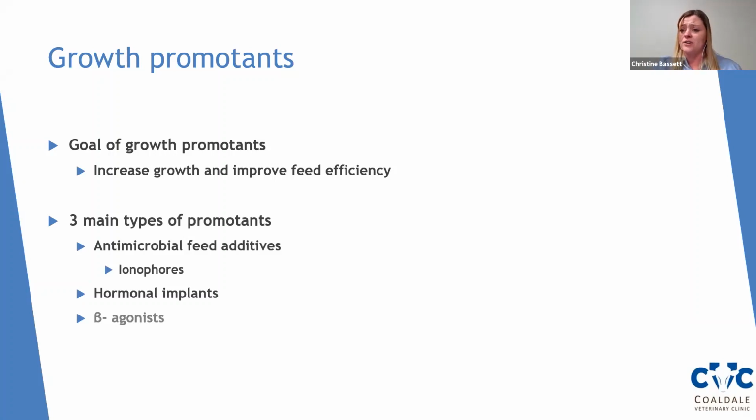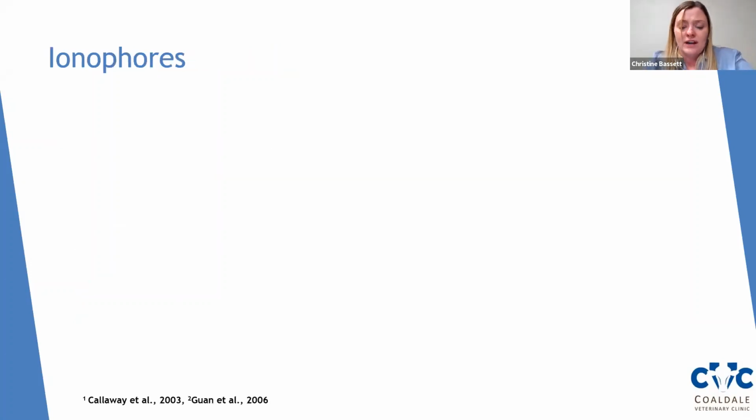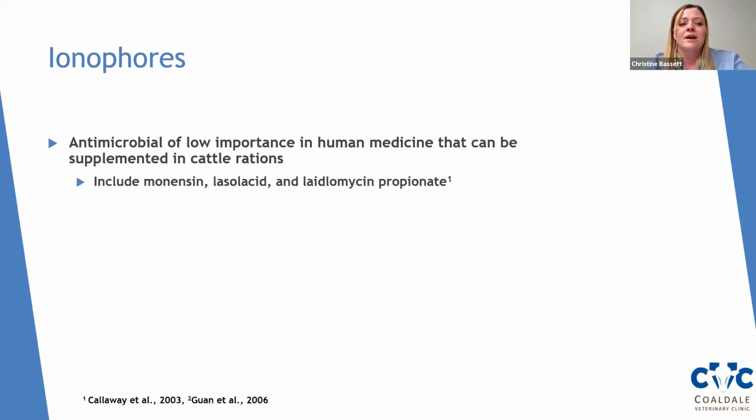Beta agonists are another option, but not for use in the backgrounding operation. So talking about ionophores, they are antimicrobials of low importance for human medicine that can be supplemented in cattle ration. The two main ones that are typically used are monensin or lasalocid.